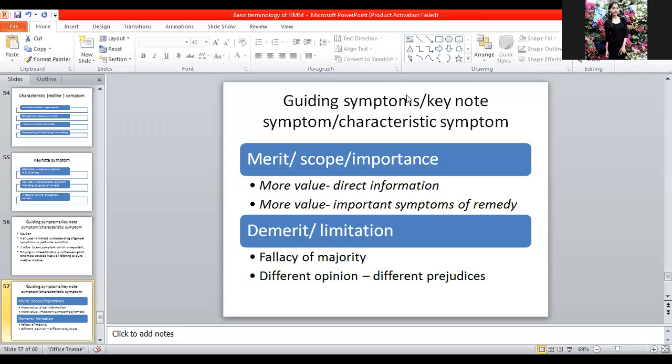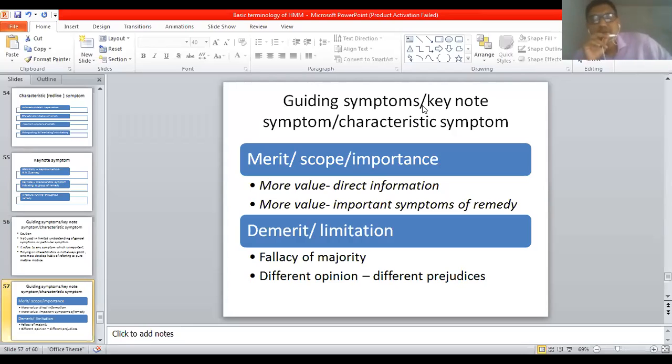So they are more important. It is not like all the previous terminologies. Most of the previous terminologies we have seen are indirect understanding, or they are understood and interpreted information. As compared to that, these symptoms are more reliable and they have more value.